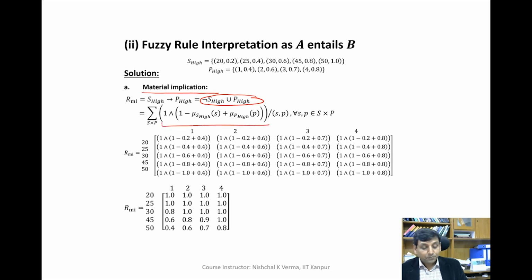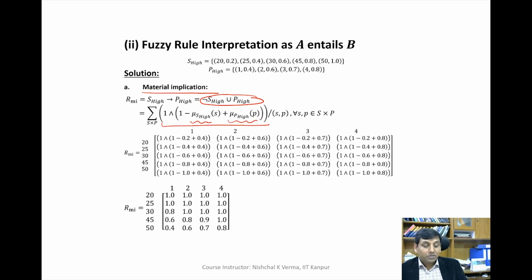If we want to compute the membership values of RMI, we use mu S high and mu P high.